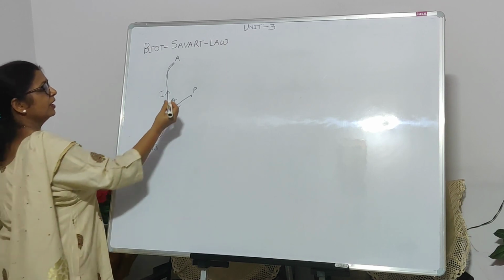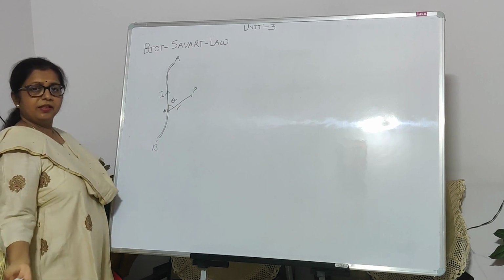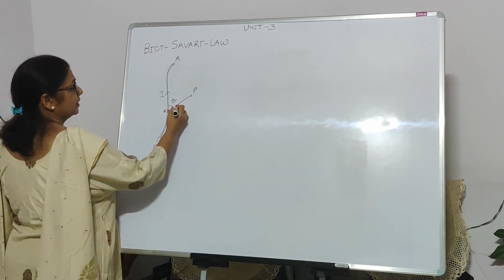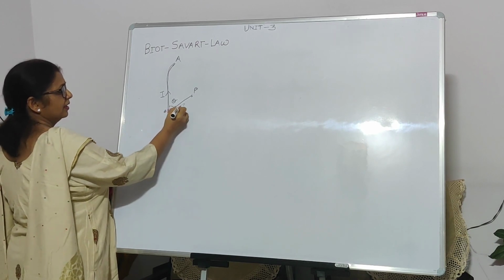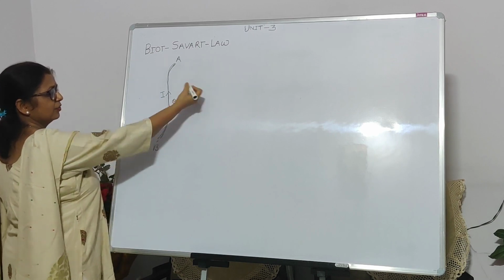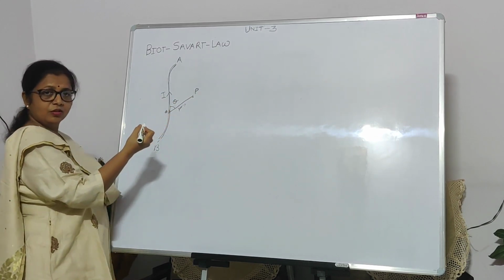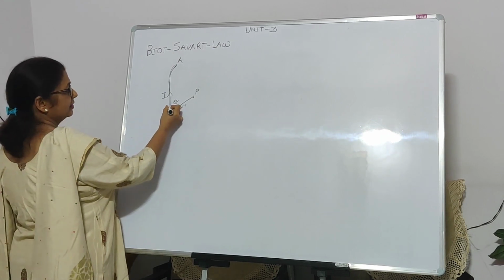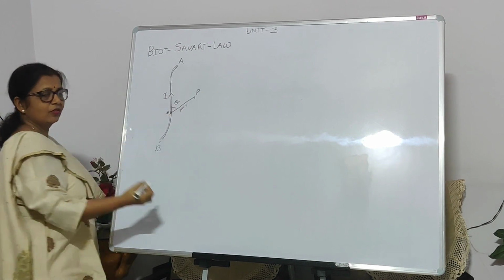Now we are taking the observation point P here, and the specification of this point is r and theta. That means it is at distance r from the element of length, and it makes an angle theta with this wire.